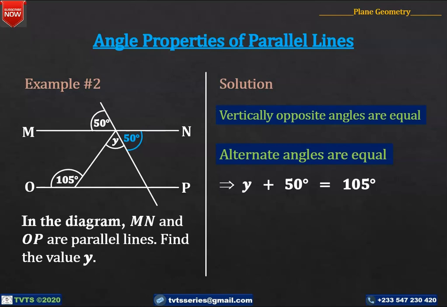Grouping like terms, we have y equal to 105 degrees minus 50 degrees, which is 55 degrees. Hence, y is 55 degrees.